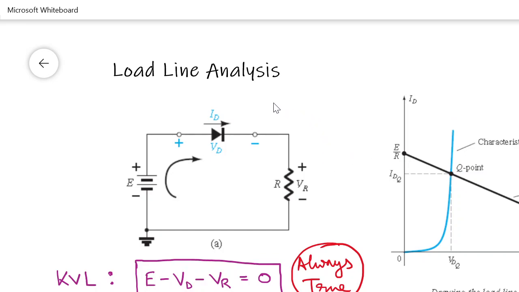However, there is another law governing the entire circuit, and that law is more fundamental, which we learned probably in the very first lecture of electrical engineering: Kirchhoff's voltage law, KVL.